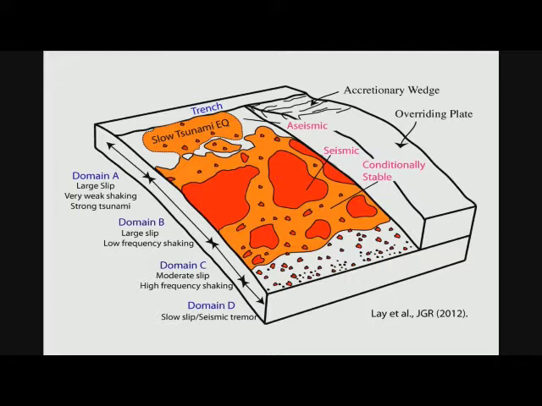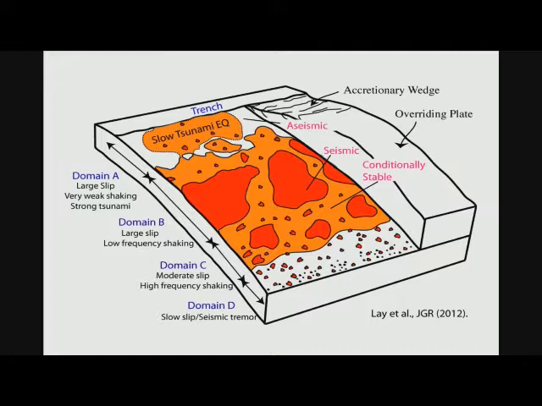The orange is areas that are conditionally stable, and then the white is velocity strengthening. It's not that we know the exact distribution. The idea is that it's very, very heterogeneous. Even up very shallow, there may be some areas that are velocity strengthening, but if they're embedded in a conditionally stable area, we can have failure from these red areas driving slip into the orange areas.